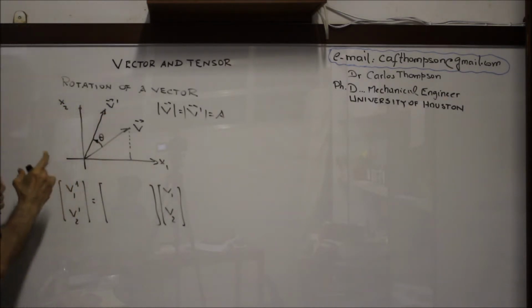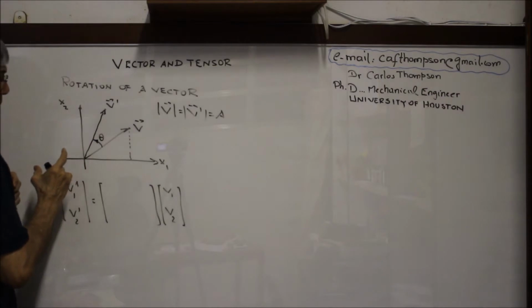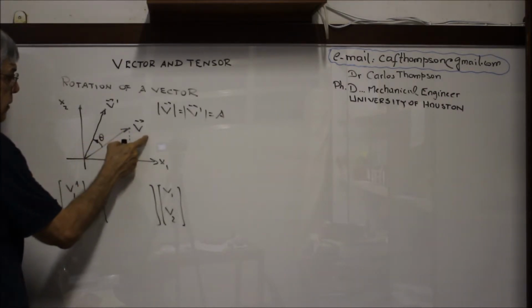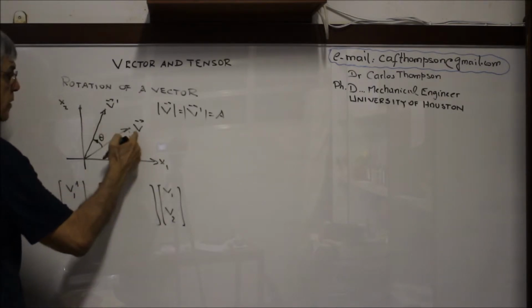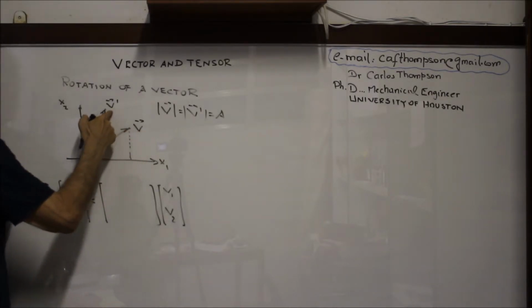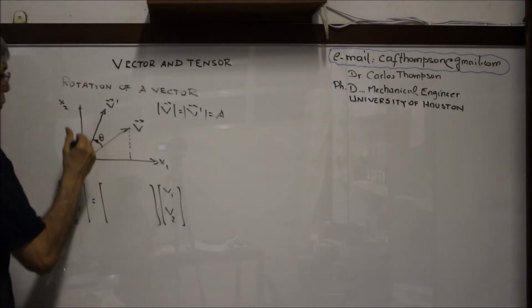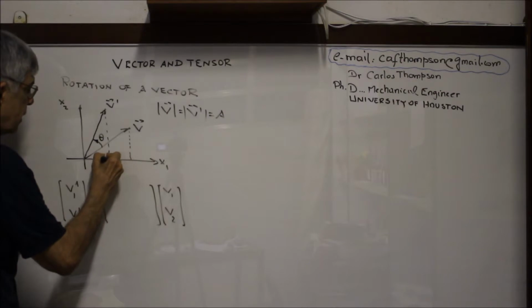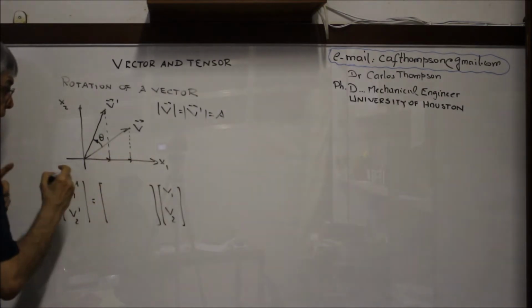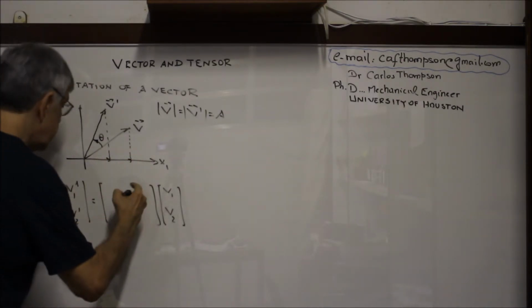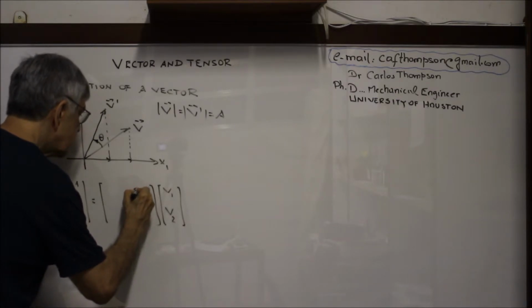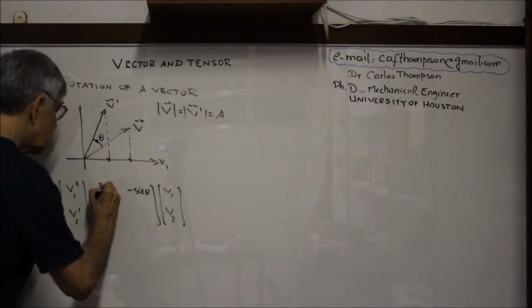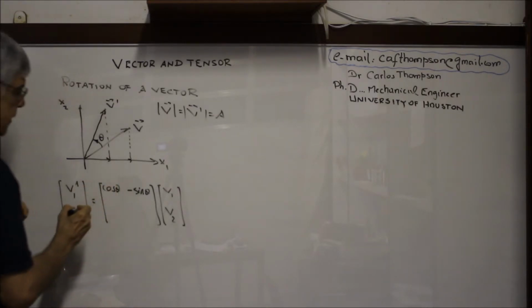Now, you can analyze here and see that when you rotate counterclockwise this vector V to V prime, the x1 component decreases. That's why I put over here minus sine of theta.